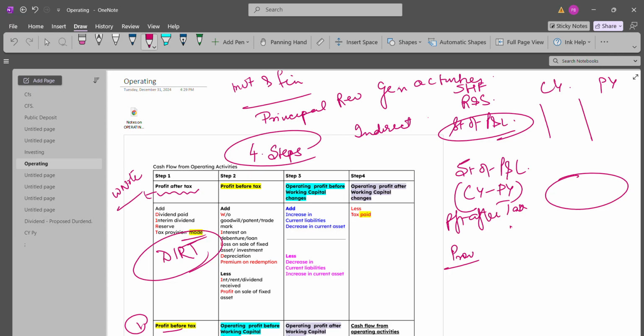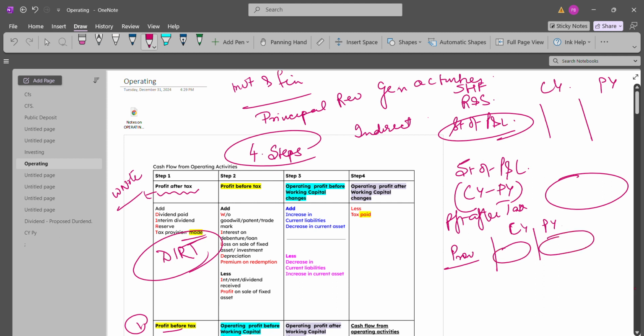Under that, we have two amounts: current year, previous year, provided it is given in the balance sheet or notes. When there is no additional information, we follow the rule: previous year paid, current year made.